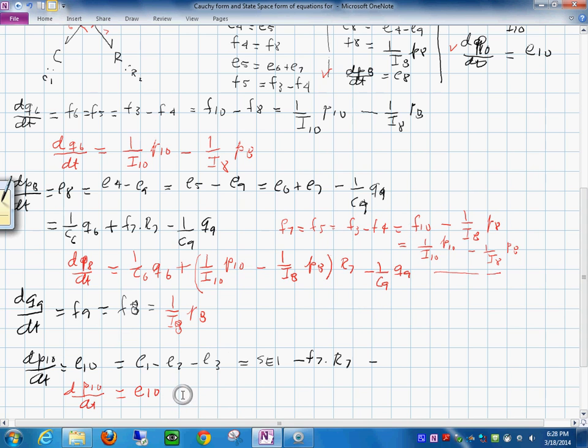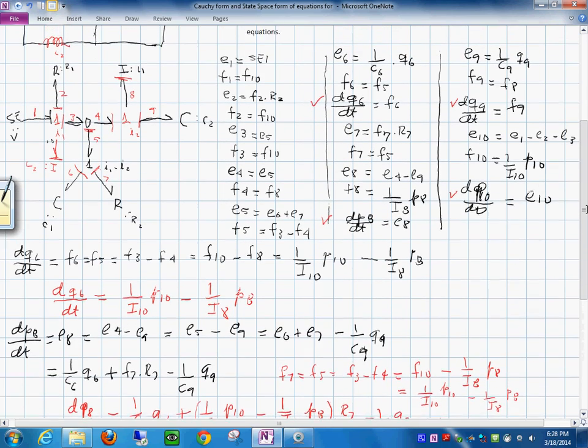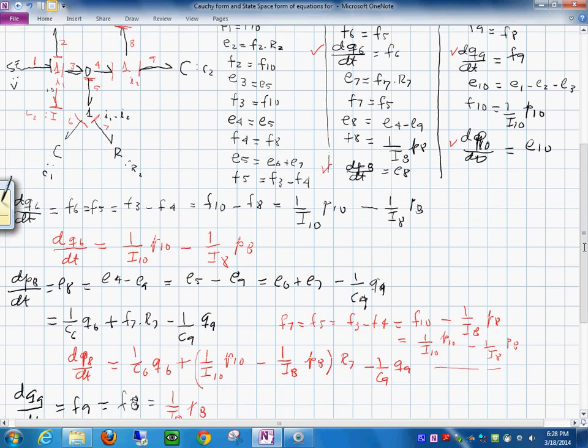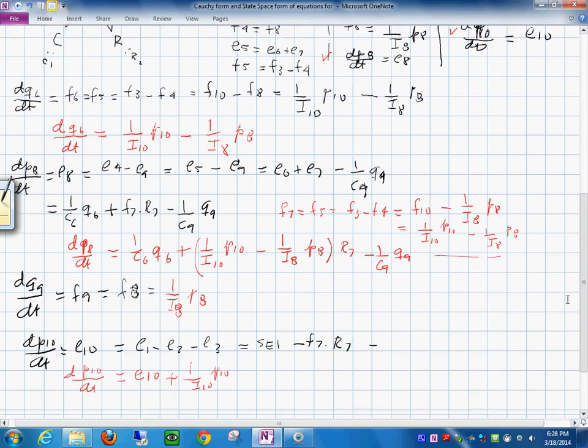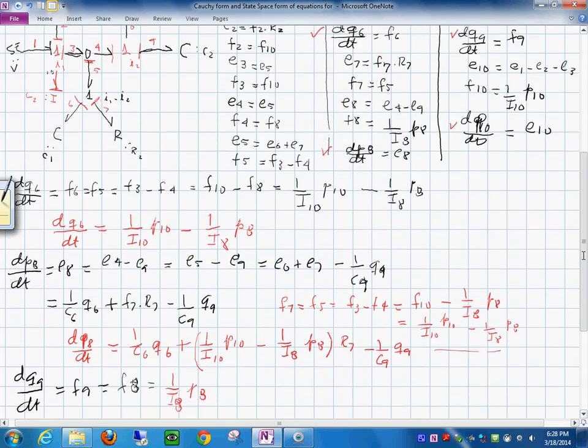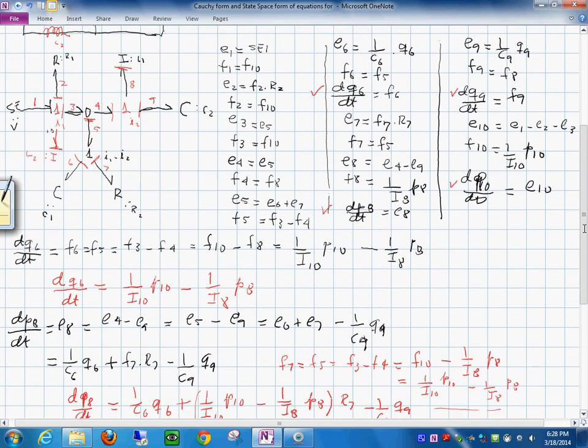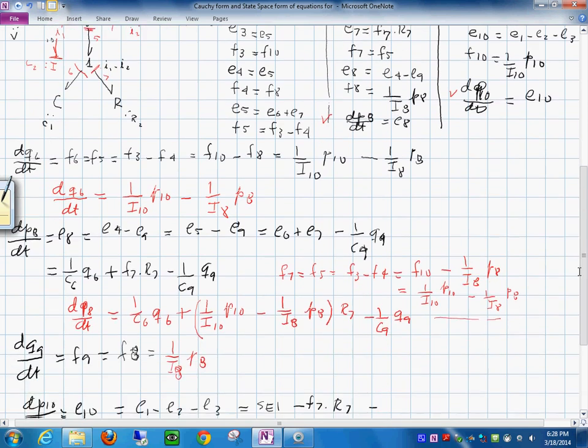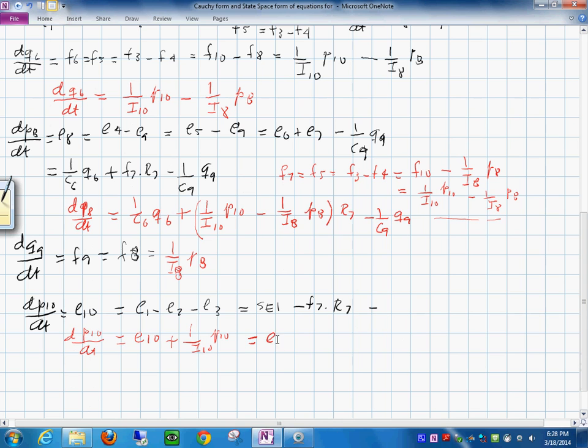So this is E10, plus 1 over I sub 10 P sub 10. E1 minus E2 minus E3, this says here.